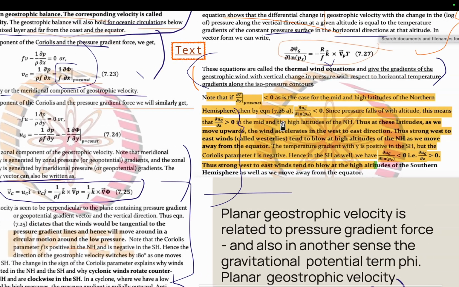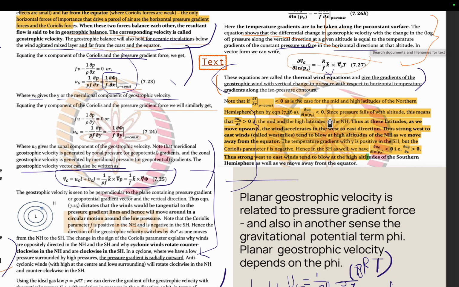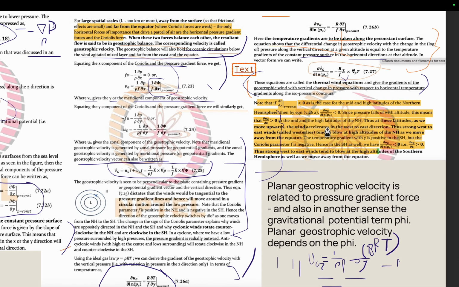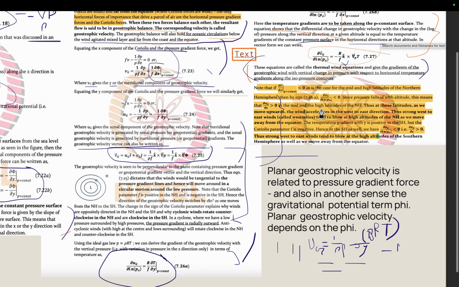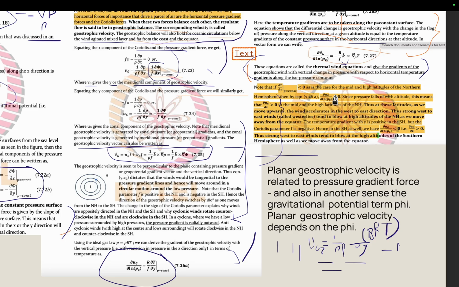One can see that del T del y at constant p is less than 0, as in the case of the mid and the high altitudes of the northern hemisphere. Then by equation 7.26 you can get 7.26a, del ug del ln p is less than 0.